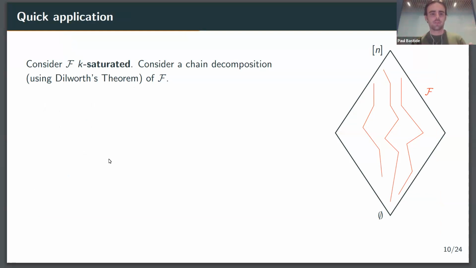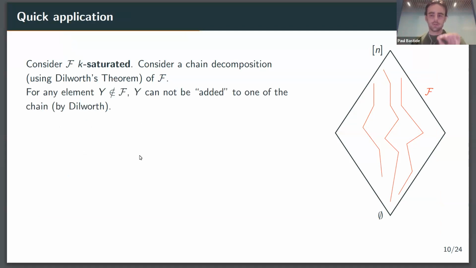You consider some family that is k-saturated. You use Dilworth, and you can get a chain decomposition of your family. It must use k-1 chains. This is just because you don't contain an antichain of size k.